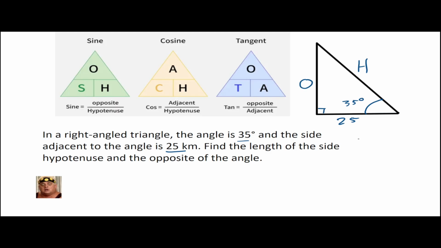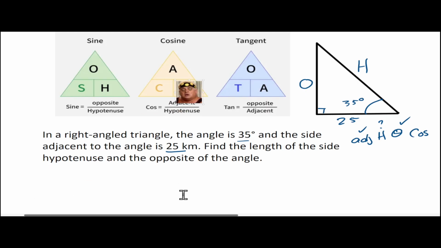So what have we got and what are we looking for? Well, we've got the adjacent side. That's 25. We're looking for the hypotenuse side. And we've got the theta angle. So out of these three, which one has adjacent and hypotenuse? It's going to be cosine. So we're going to use cosine. Now we're looking for the hypotenuse, so we put Dusty over the hypotenuse.